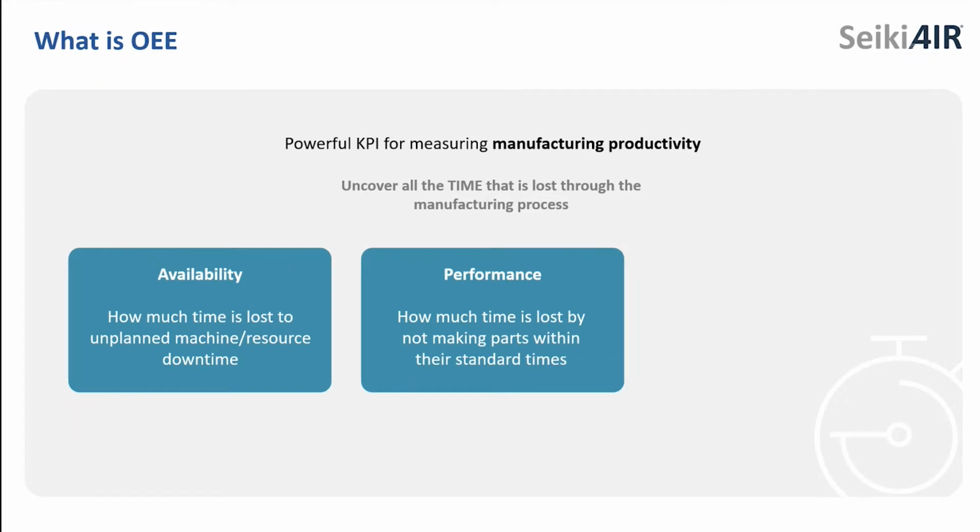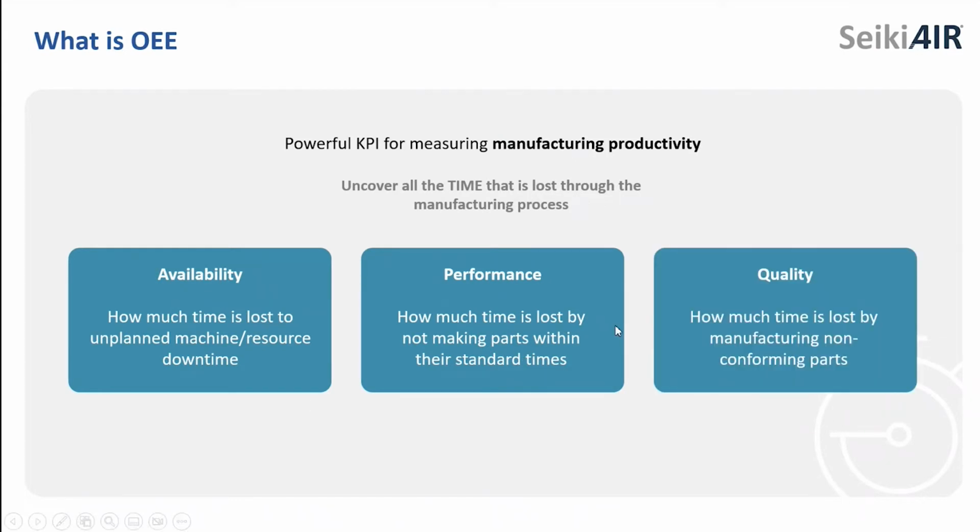So this is where we start to come down into those little smaller pieces of time where we might be losing productivity. And of those parts that you're producing, how many of them are good and how many of them are non-conforming? So are you scrapping a lot of parts and producing a lot of waste?